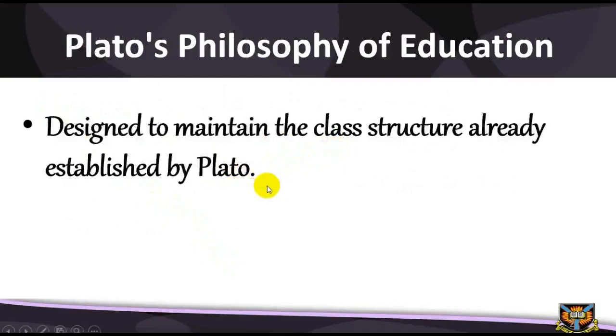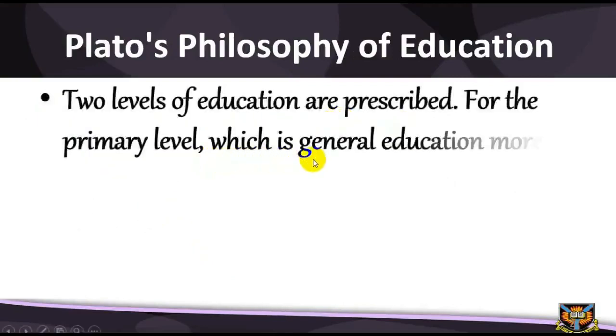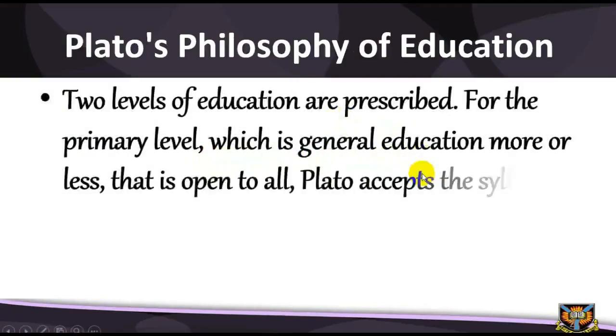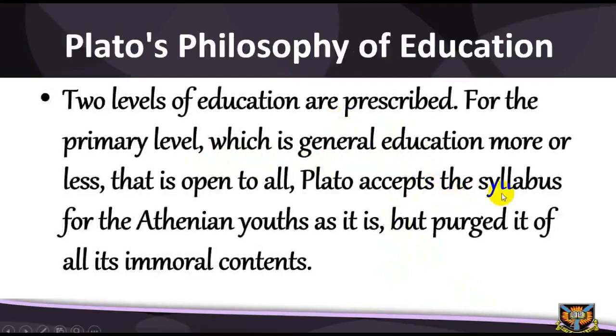The two levels of education are prescribed. For the primary level, which is general education more or less, that is open to all, Plato accepts the syllabus for the Athenian youths as it is, but purged it of all its immoral contents. It is to consist of reading, writing, playing and singing of lyric poetry, rudimentary arithmetic and geometry, music and athletics.